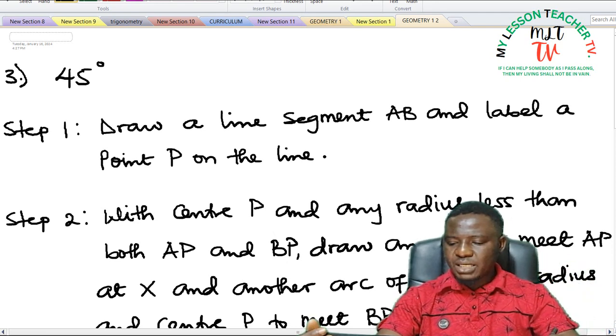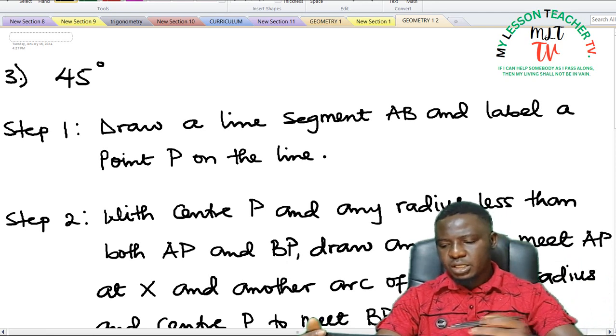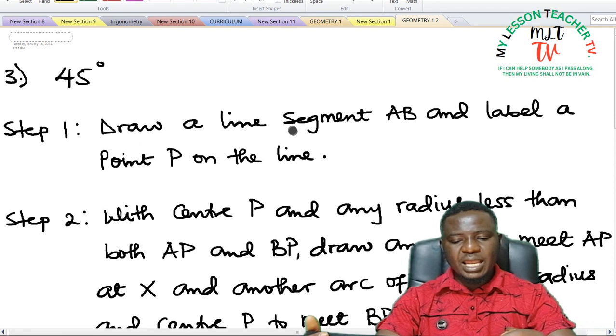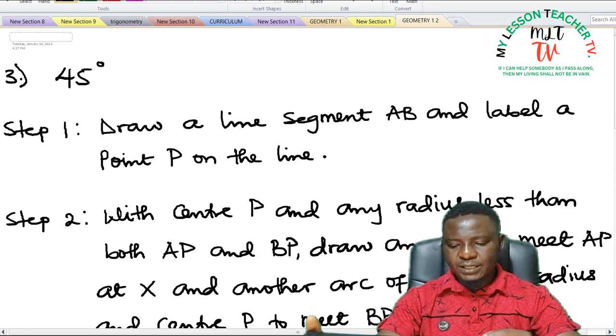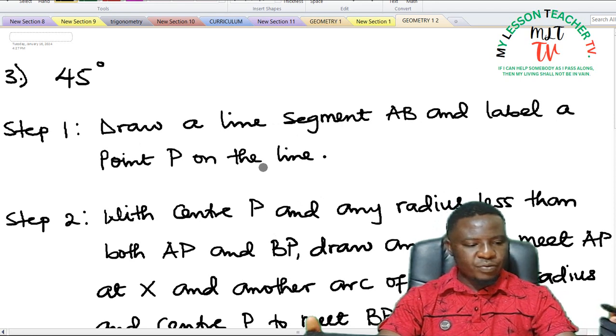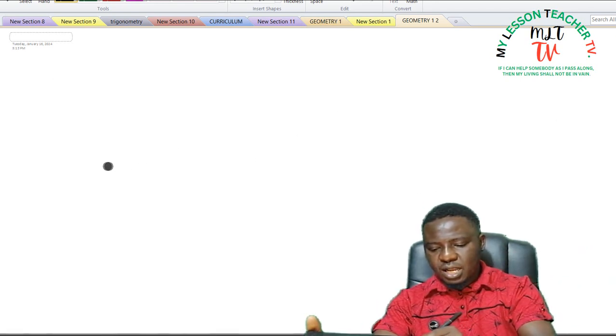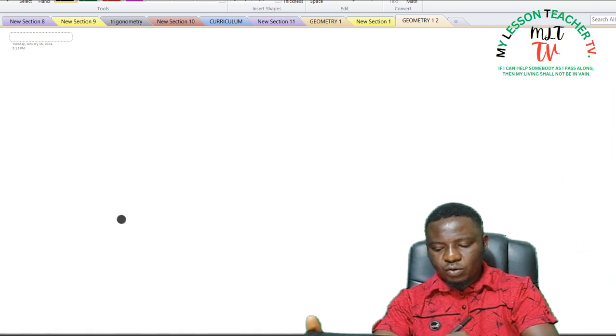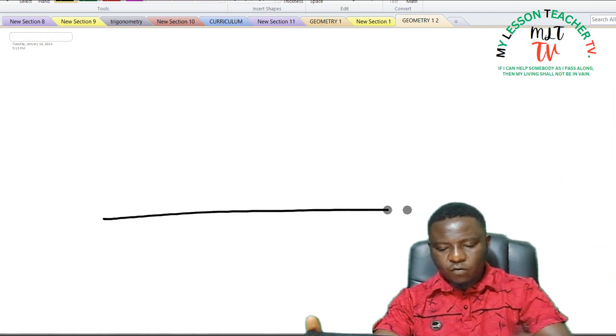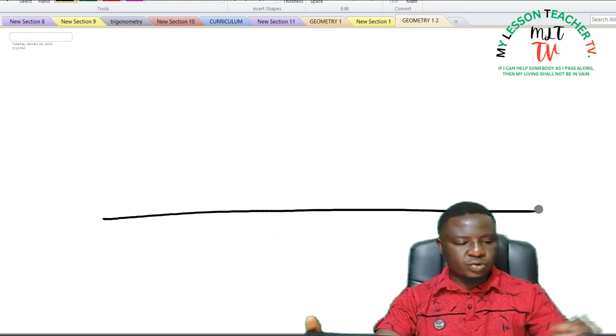So in order for us to construct angle 45 degrees, the instruction says we draw a line segment AB and label a point P on the line. So if this is construction of angle 45 degrees, we first of all construct angle 90 degrees.